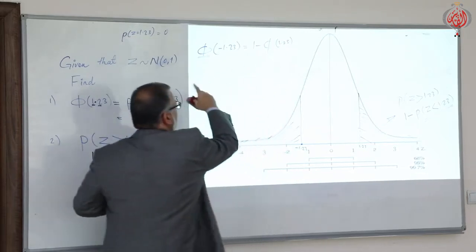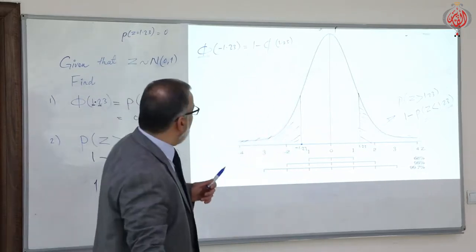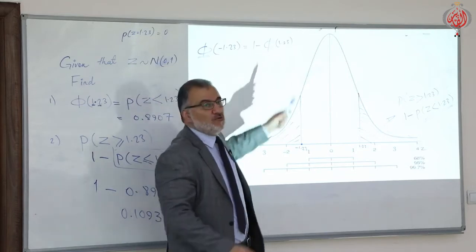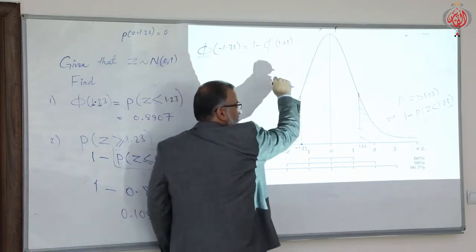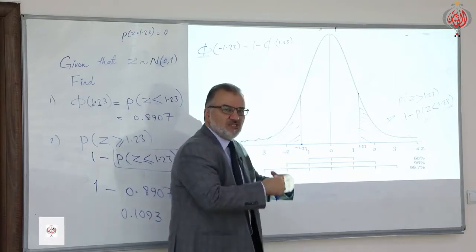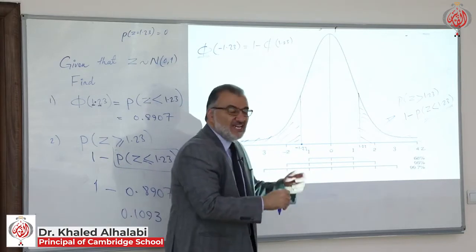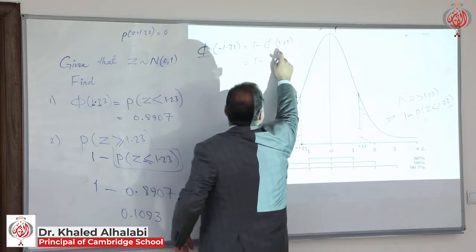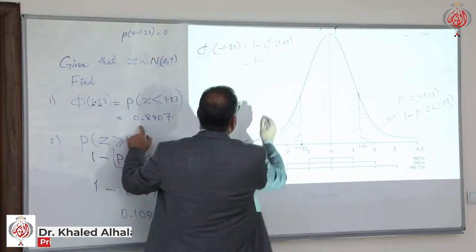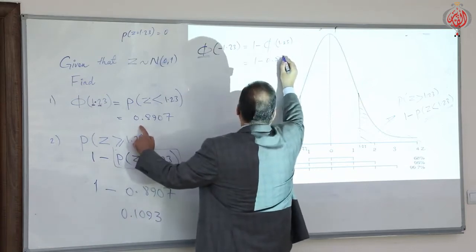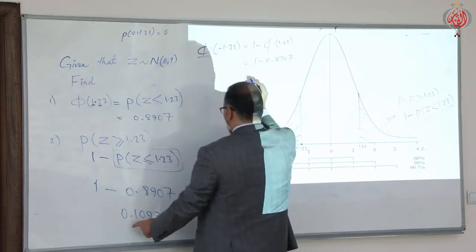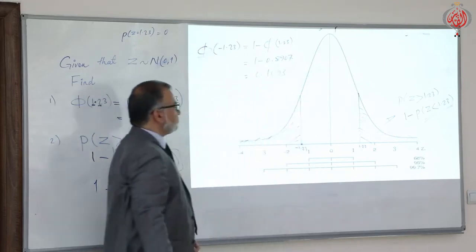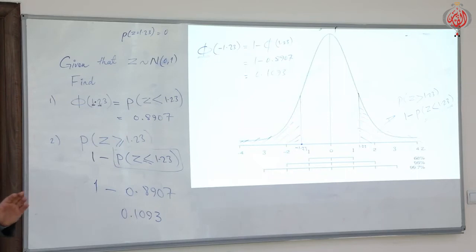Here, since you have phi of negative 1.23, it means 1 minus phi of 1.23. And what's the meaning of phi of 1.23? It means the probability that Z is less than this value. So it equals 1 minus, what is this value? It is that one, 0.8907. So this is the answer, which is 0.1093. Okay, hopefully it is clear.